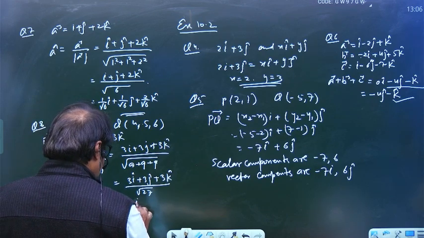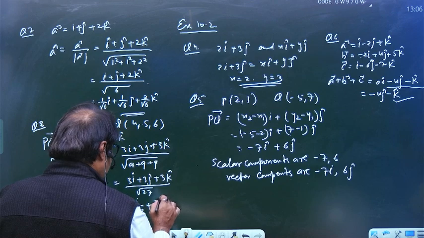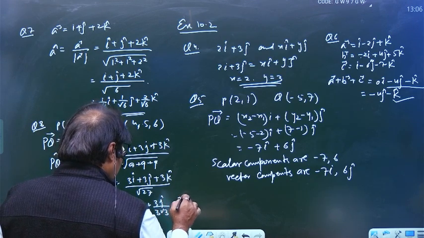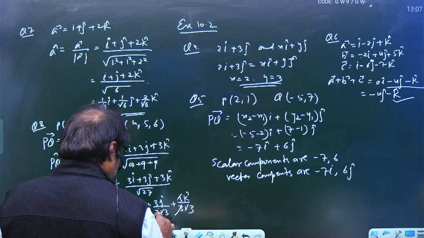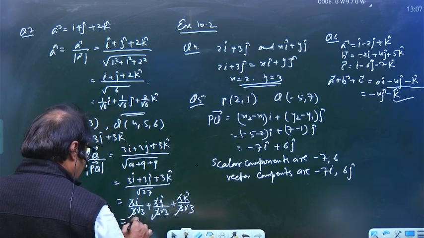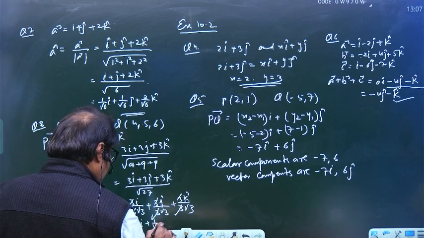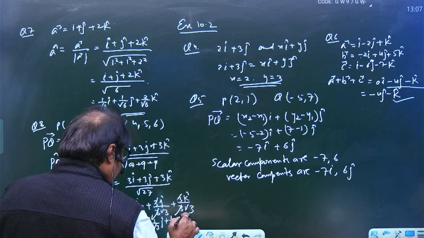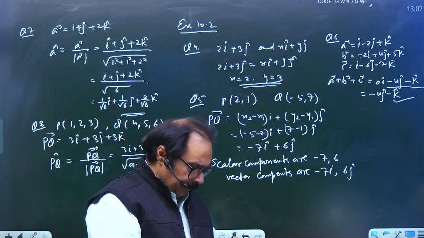So this is 3i cap upon 3 root 3 plus 3j cap upon 3 root 3 plus 3k cap upon 3 root 3. So we can cancel this 3. What is left is 1 by root 3 i cap plus 1 by root 3 j cap plus 1 by root 3 k cap. So this is the final answer of this question number 8.